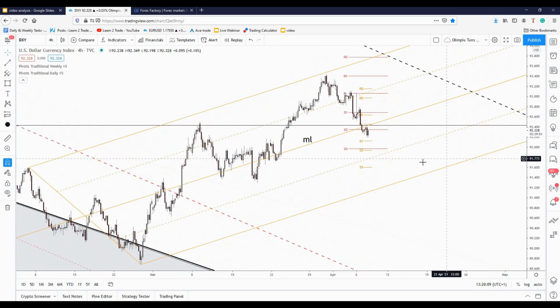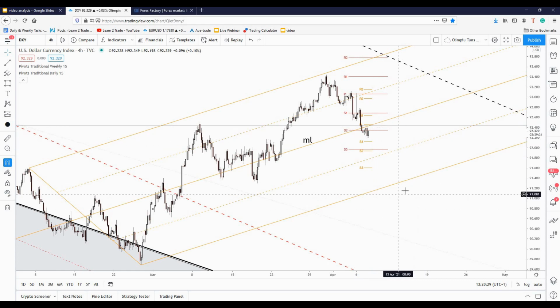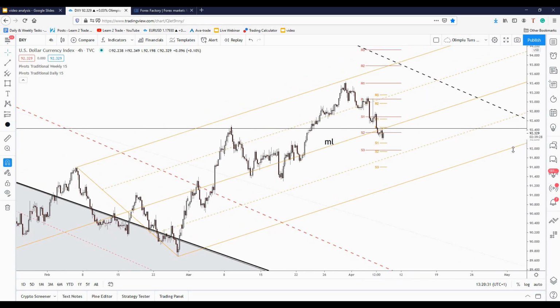Okay, I've told you yesterday that a valid breakdown here below the medium line, below 23.6 and below S2, below this weekly static support 92.34, could signal further drop here in the short term on the US dollar index.